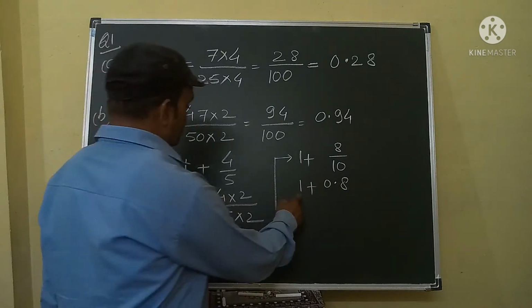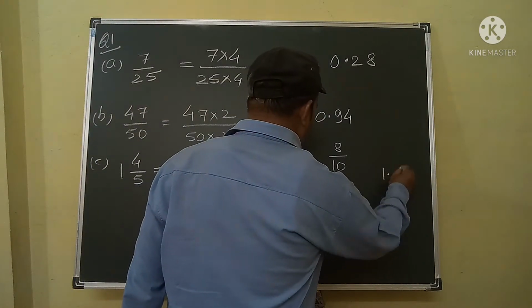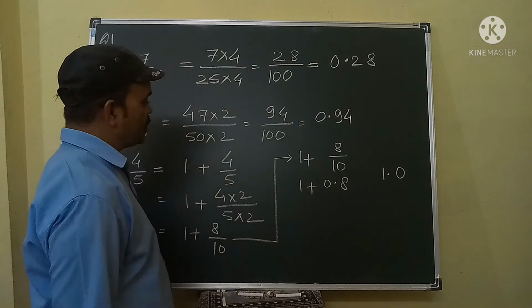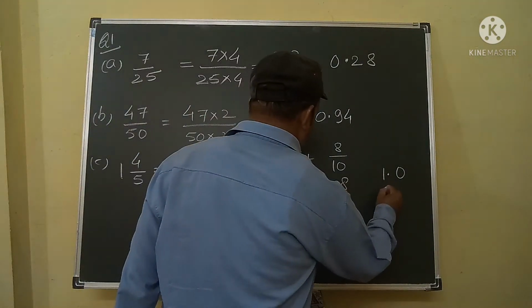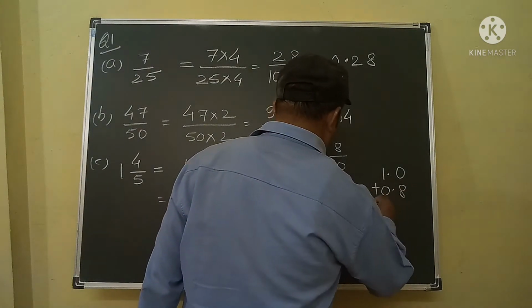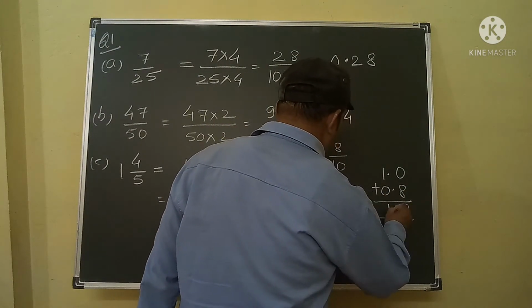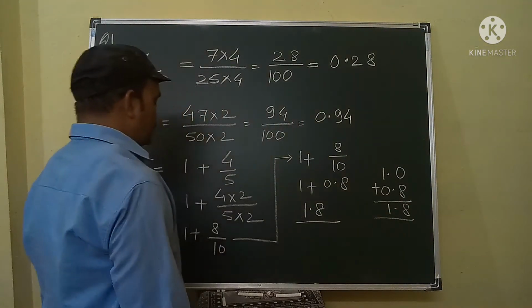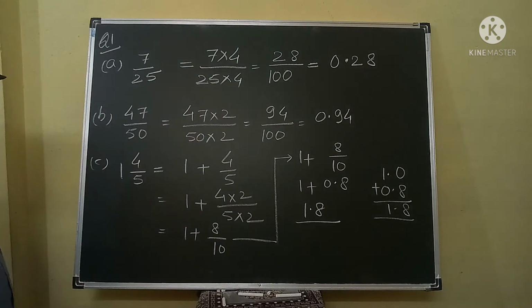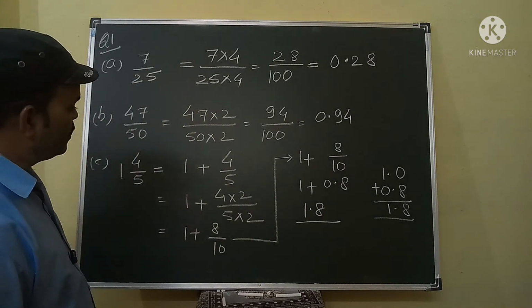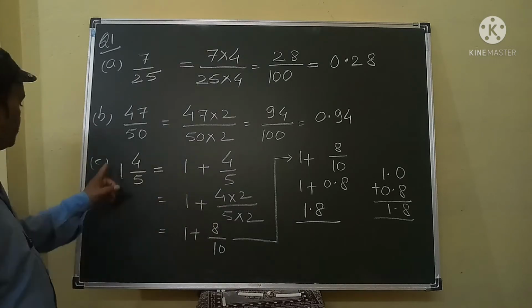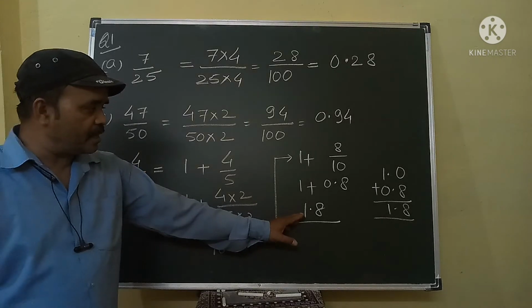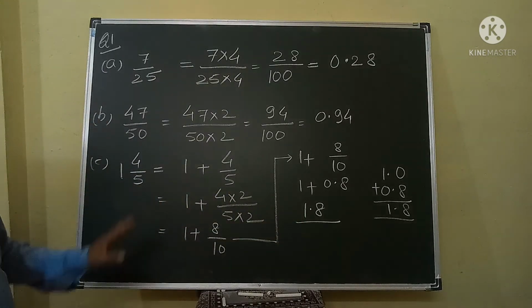This 1 we can write as 1.0. 1 and 1.0 are both the same. And this is 0.8. It will give you 1.8. So the answer is 1.8. 1.8 is the decimal form for the given fraction. This is the required answer for the required question.